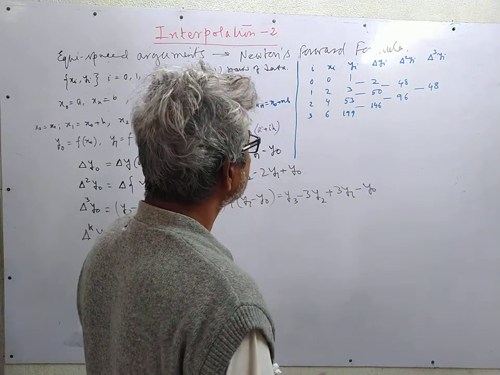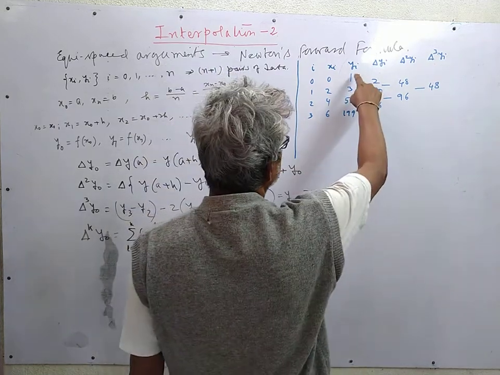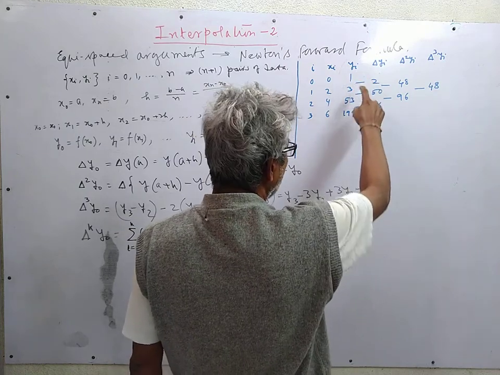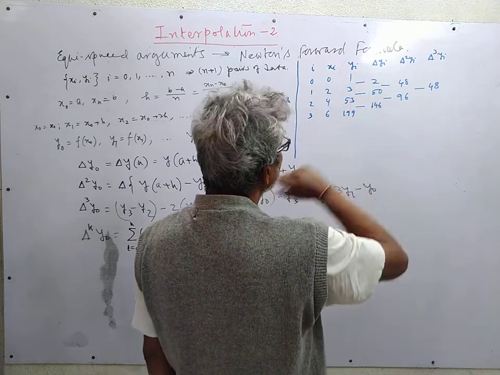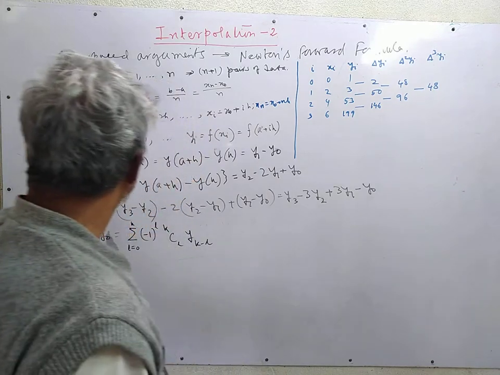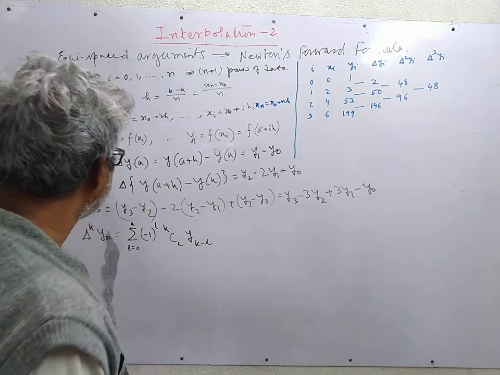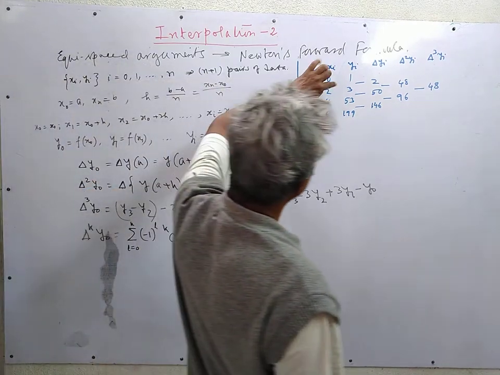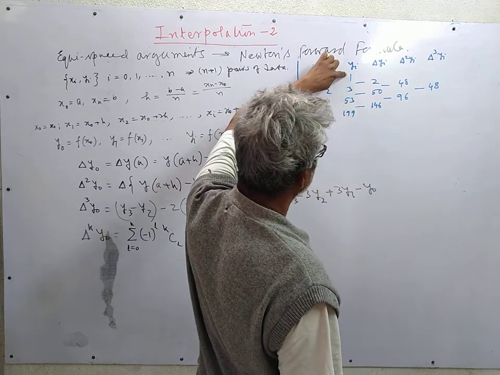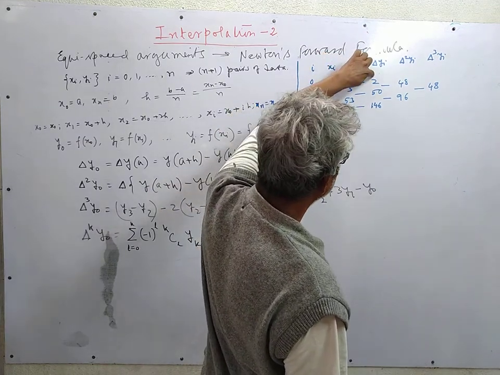Now first, this is the value of y0, y1, y2, y3. If we calculate delta of y0, that means y1 minus y0, which is 2.